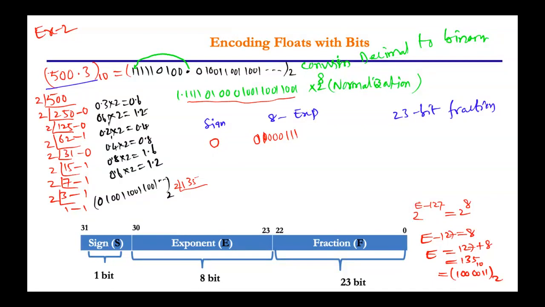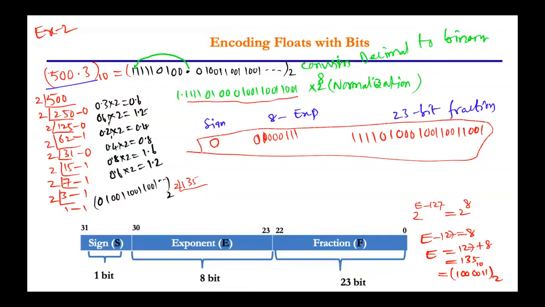And then the fractional part comes from this number. So what is the fractional part here? 1 1 1 1 0 1 0 0 0 1 0 0 1 1 0 0 1 1 0 0 1, and this continues. So then you need to check the total bits: sign bit, your exponent, and your fractional part.